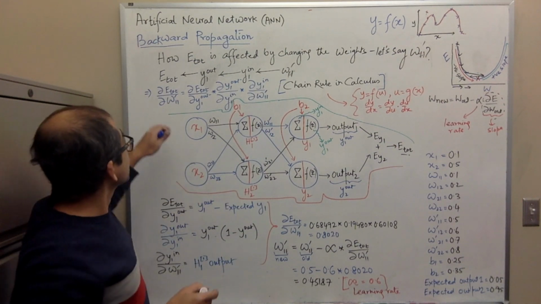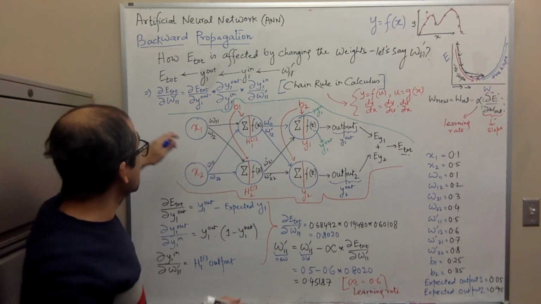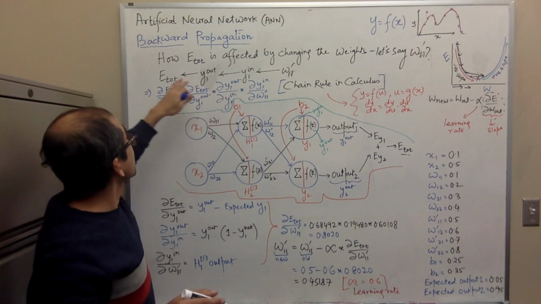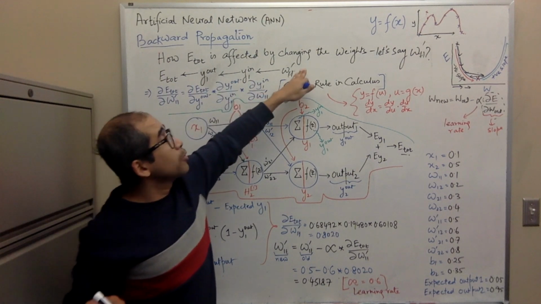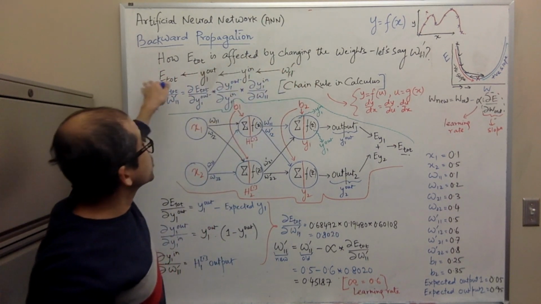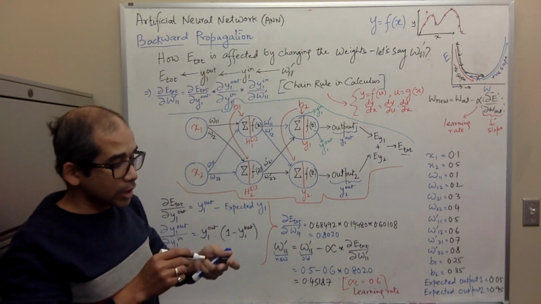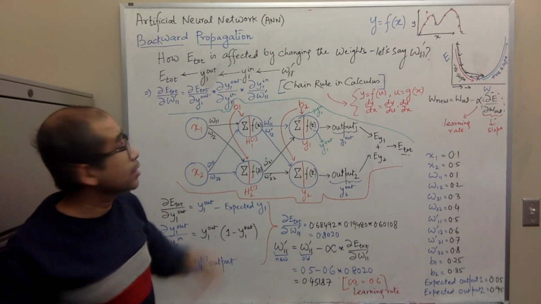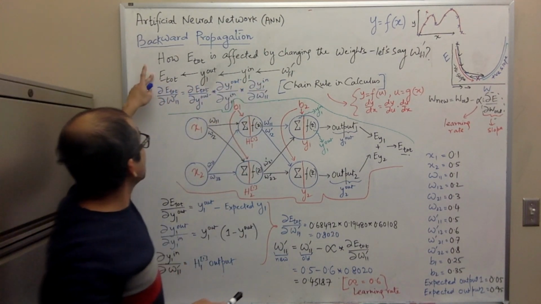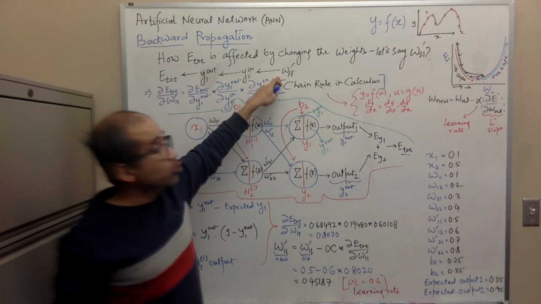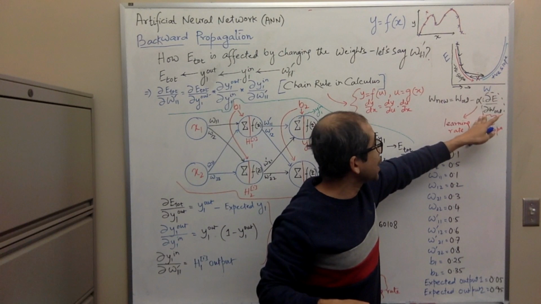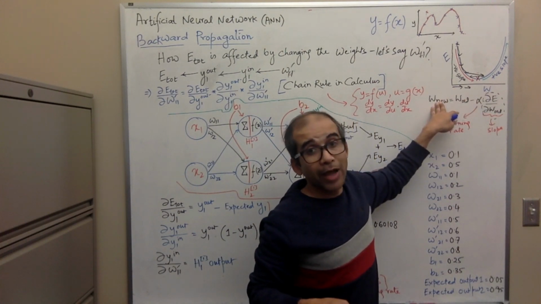When we try to calculate how E total is affected by a change in W prime 11, we have to find the slope, del E tot divided by del W prime 11. That will be our slope, which we use when we want to calculate the new value of the weight.